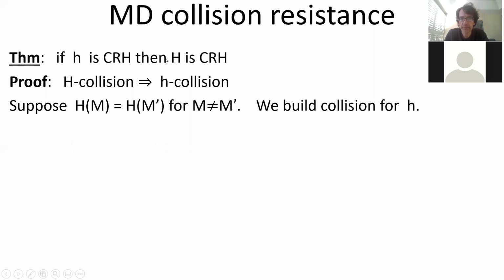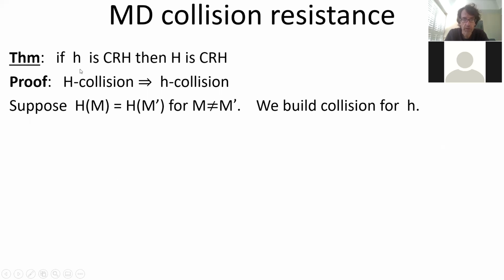And how do we prove it? By contrapositive. In other words, if there is an attack on the collision resistance of this whole Merkle-Damgård construction, then the only way this would happen is if that attack found a collision against the underlying compression function.